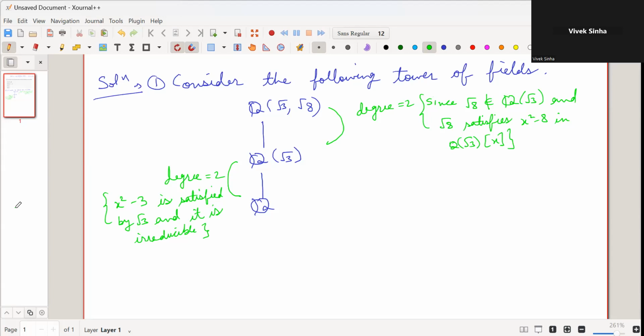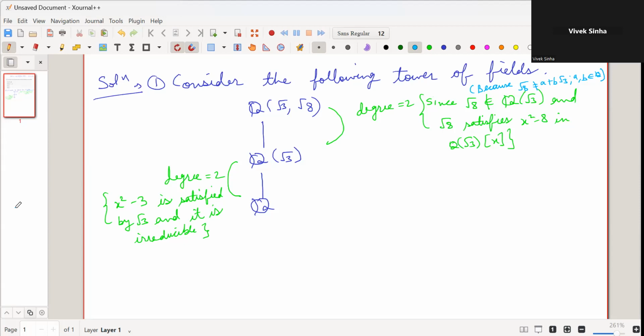So why is it not inside Q root 3? This is because Q root 3 has elements of the form a plus b root 3, where a, b are in Q. As we did in the last lecture, we showed that root 5 is not of the form a plus b root 3. Similarly, one can show that root 8 is not of the form a plus b root 3. Just square it, and you will get 8 equal to a plus b root 3. Then 8 minus a is equal to b root 3.